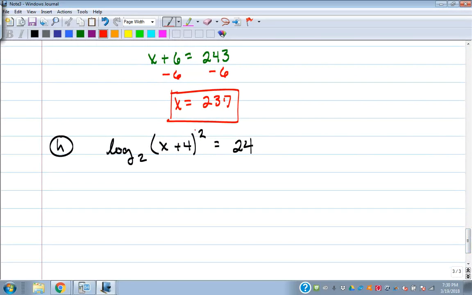Yeah, that log exponent rule that drops that 2 down to the front, right? 2 log base 2 of (x plus 4) equals 24.